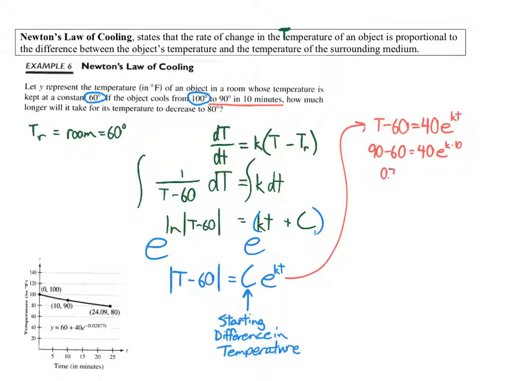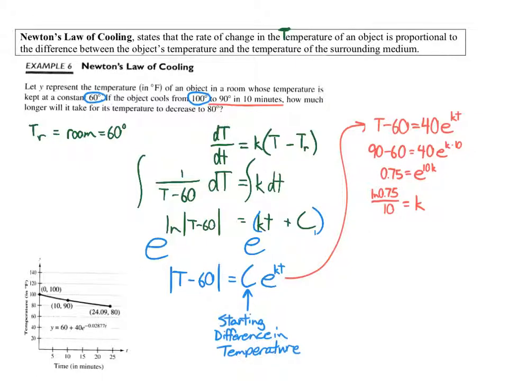I have 0.75 equals e to the 10k. I take the ln of both sides and divide by 10, and I now have k equals ln of 0.75 over 10. So that is my constant.